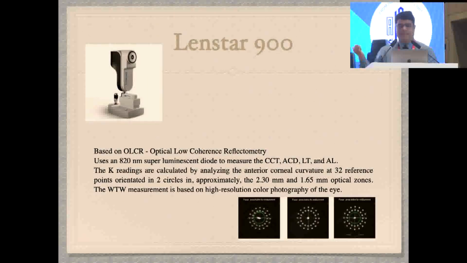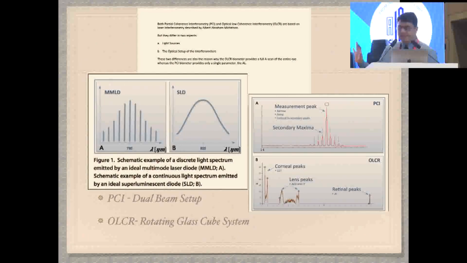Then came Lenstar 900, which was based on optical low coherence reflectometry, and it used an 820 nanometer superluminescent diode. So it truly measured corneal thickness, ACD, lens thickness, and axial length. This is the basic difference between the IOL Master 500, which uses PCI, and the OLCR by Lenstar.